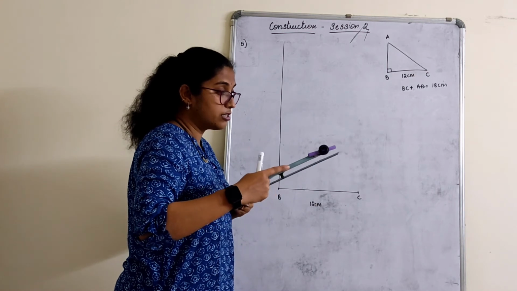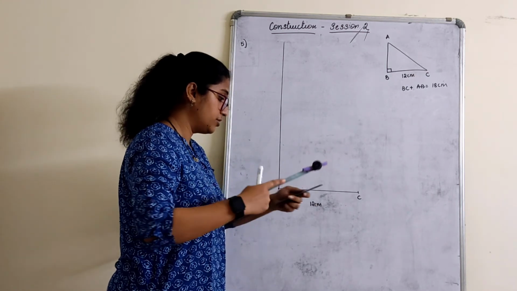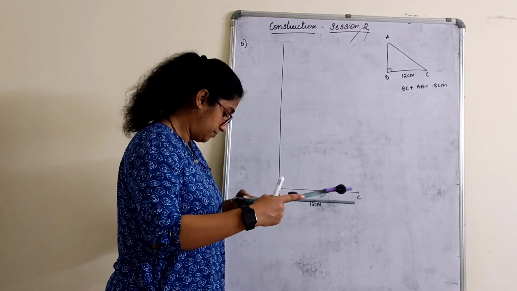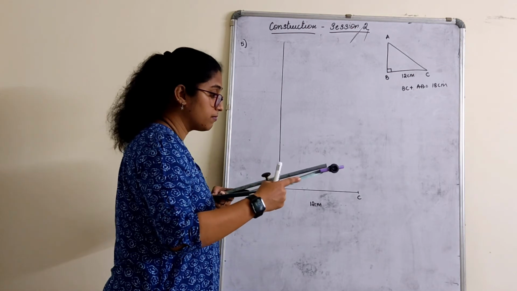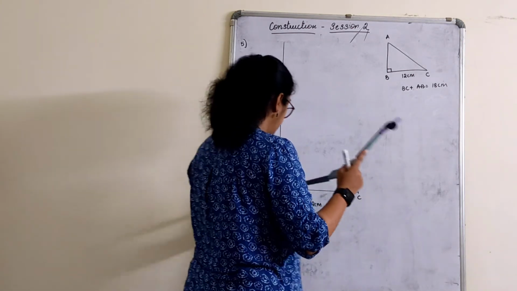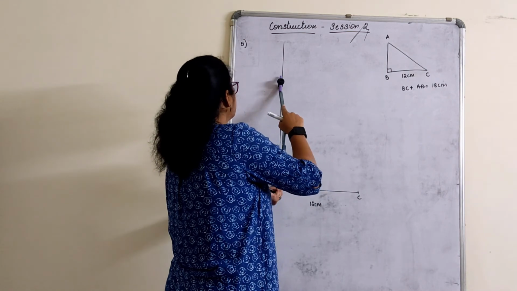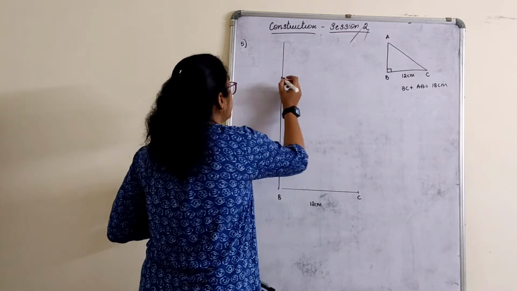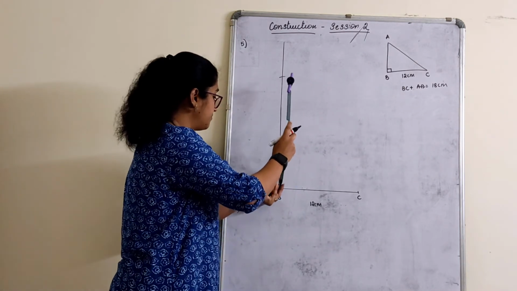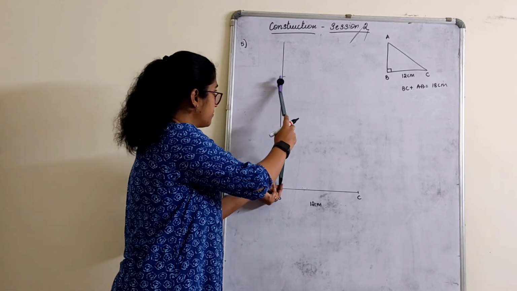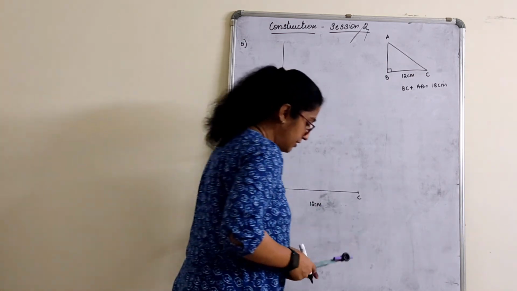Quite difficult in your scale, but you have to do it, right? You should have a longer scale for this. Even my compass will not support this, but you will definitely get it. Okay, 18 centimeter will be cut here.